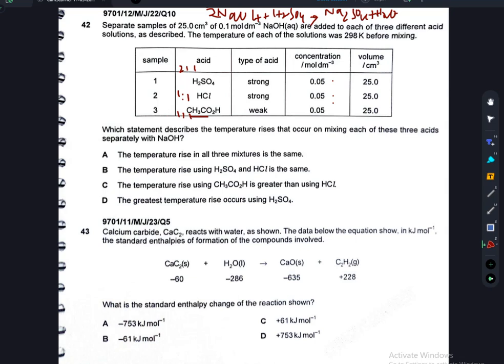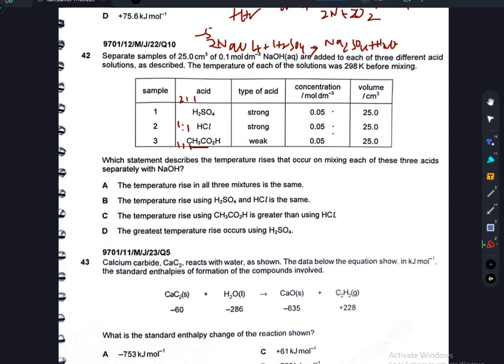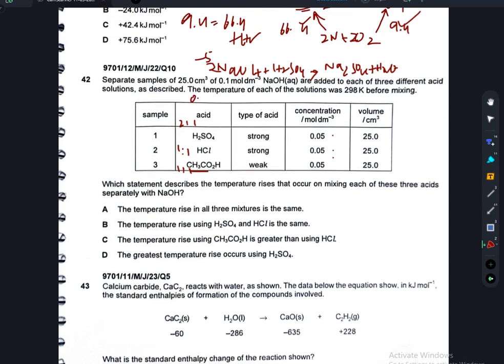So this means that, let me do the calculation. 25 centimeter cube divided by 1000 times 0.1 gives 0.0025 moles of NaOH, which will react with, simply divide this by 2 because there is a 1 to half ratio of moles, 0.00125 moles of H2SO4.